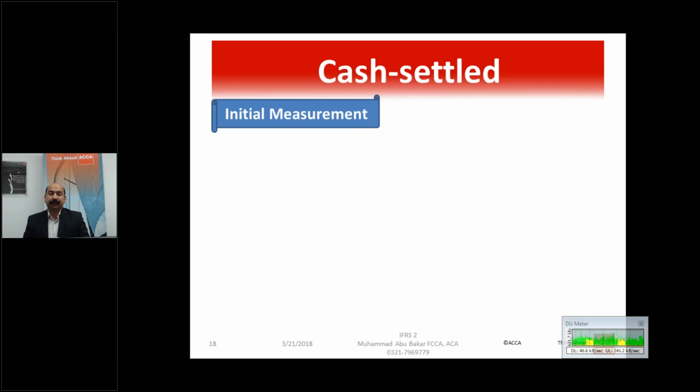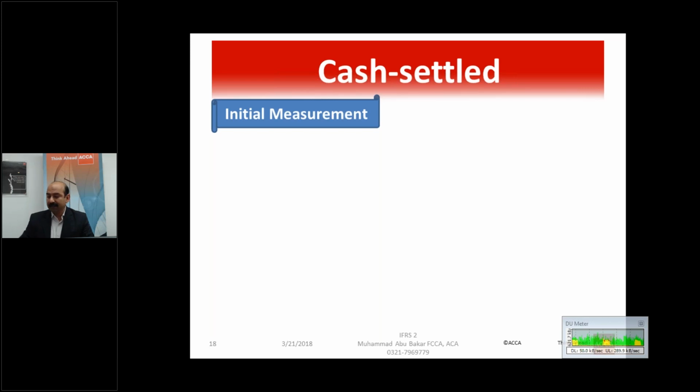Okay, initial measurement, the same concept. As we discussed earlier, whenever you buy something, goods, or you ask someone to render services for you, that means expense, and similarly asset, that particular expense, asset, or stock will be debited. Now here, at the end of the day, you will be settling it in cash or other asset, not in equity instrument.